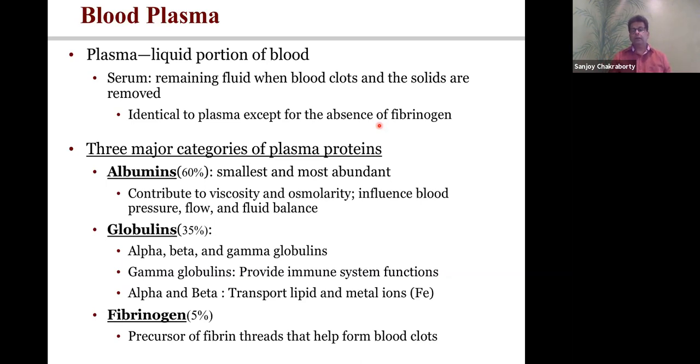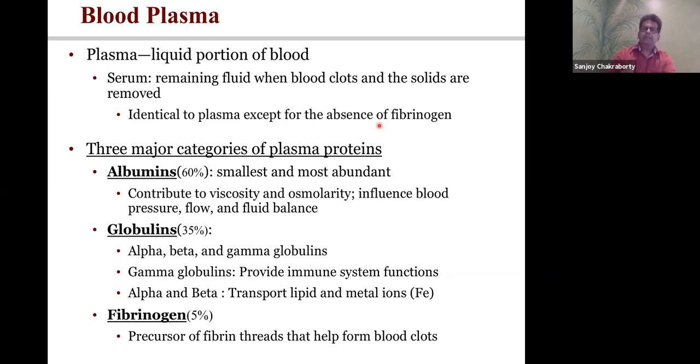Globulins, the second largest variety. Globulins are different types, according to their structure. They're alpha globulin, beta globulin, and gamma globulin. What alpha and beta do is the same as albumin, meaning they are involved in transportation. They can transport lipid, they can transport metal ions, etc. Okay, gamma globulins are basically antibodies.